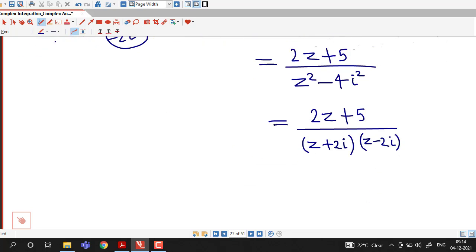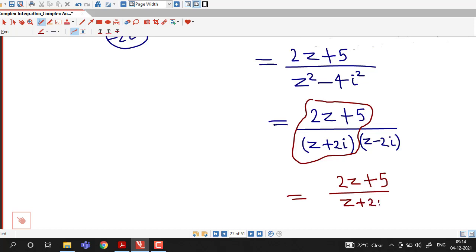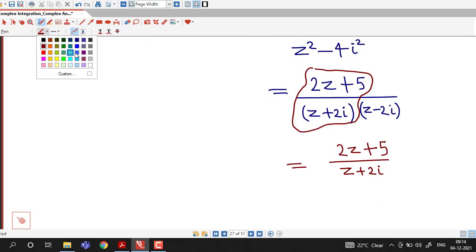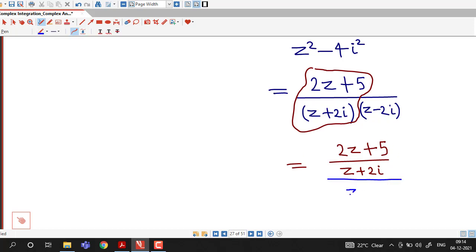If we observe the part (2z + 5)/(z + 2i), this function is analytic everywhere inside and on the given circle, because z = −2i lies outside that circle and z = 2i lies inside that circle.